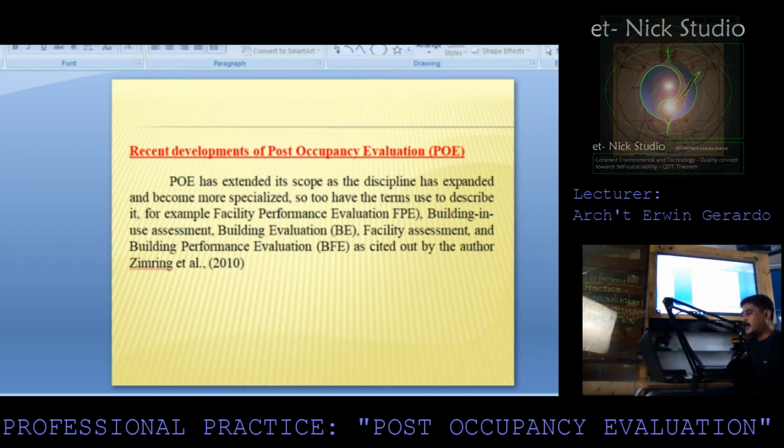So, the terms used to describe it include, for example, facility performance evaluation, abbreviated as FPE, buildings in use assessment, buildings evaluation, facility assessment, and building performance evaluation, as cited by the author Zimring et al., 2010. So in short, there are several ways we can call facility performance evaluation, as pointed out a while ago.